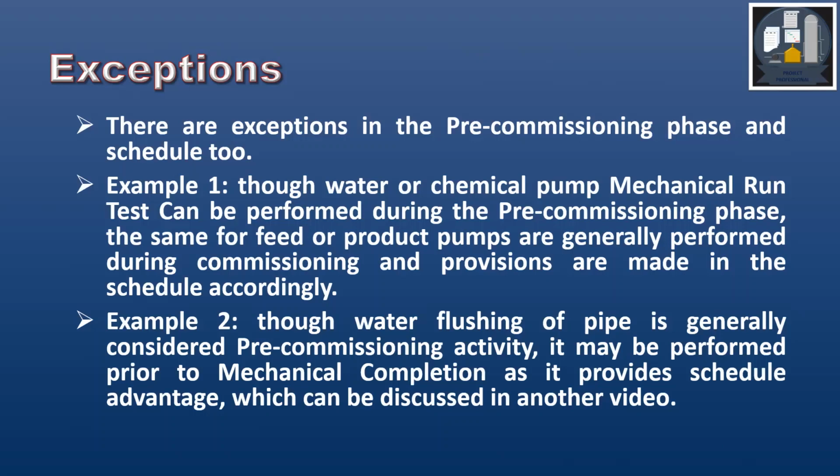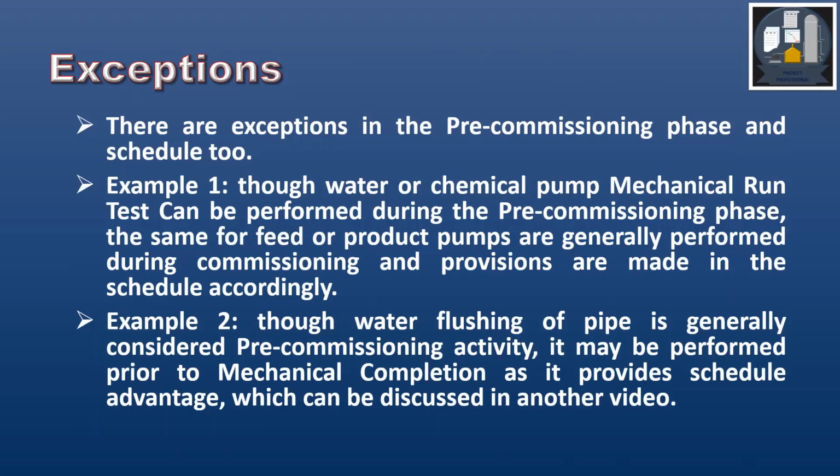A second example is that the water flushing of pipe, means cleaning of pipe with water, is generally considered pre-commissioning activity. However, it may be performed prior to mechanical completion as it provides schedule advantage, which can be discussed in another video. It's like that after the hydro test, the inline instruments are temporarily installed for mechanical completion.